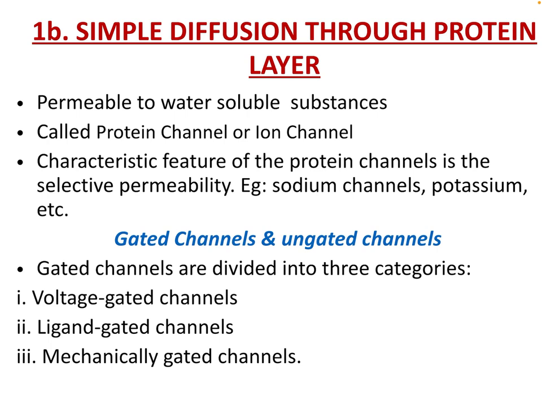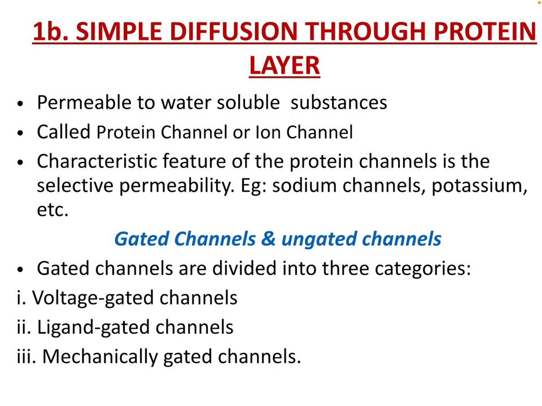Next one, simple diffusion through protein layer. There are specific protein channels that extend from the cell membrane through which the simple diffusion takes place. Water soluble substances like electrolytes are transported through these channels.